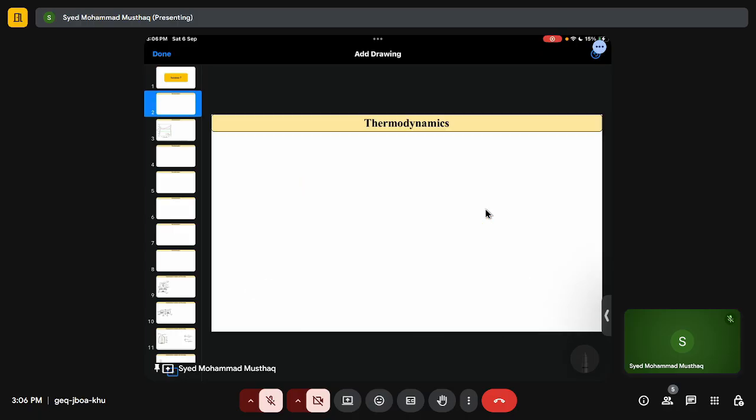So again, many of you have some confusion with the Gibbs-Duhem equation, right? So why do we use the Gibbs-Duhem equation? Because I have seen people contacting me and asking me, please can you explain more about the Gibbs-Duhem equation? So what do you mean by the Gibbs-Duhem equation?